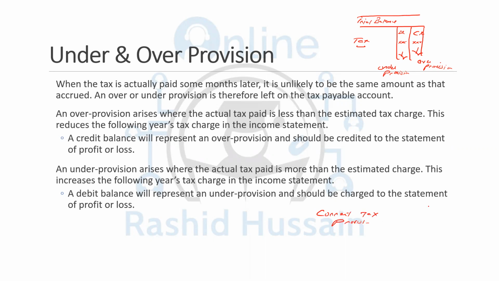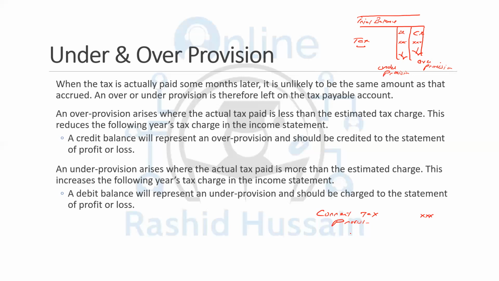For example, you're talking about 2021. The tax related to 2021, which is the estimated one, is known as the current tax provision. Now, from the previous year, we will be either having an under provision or over provision.